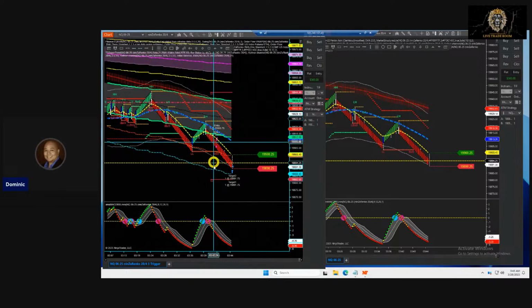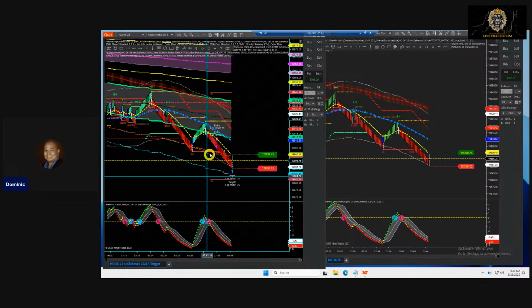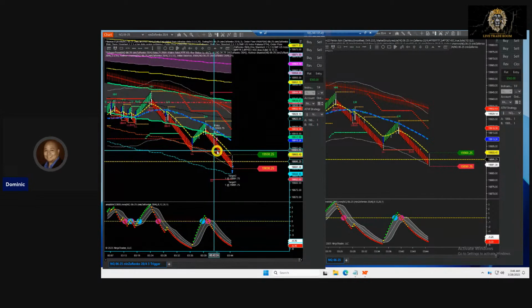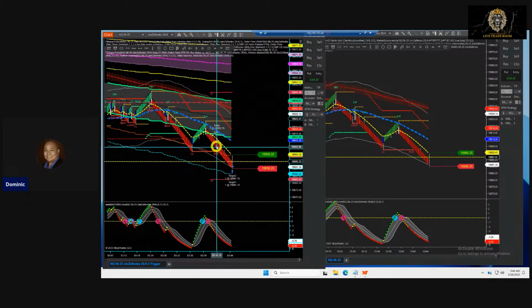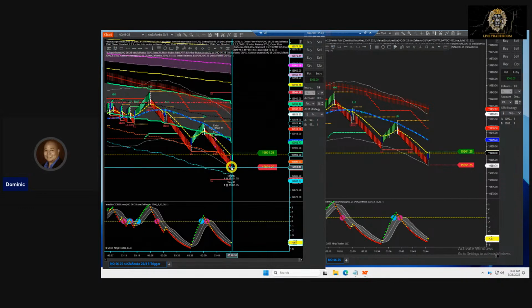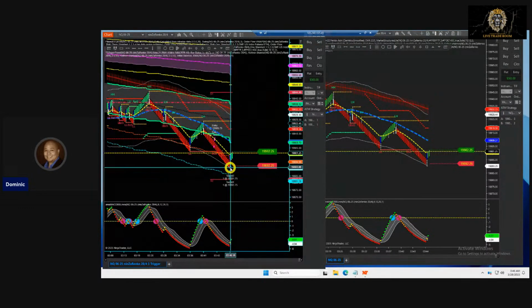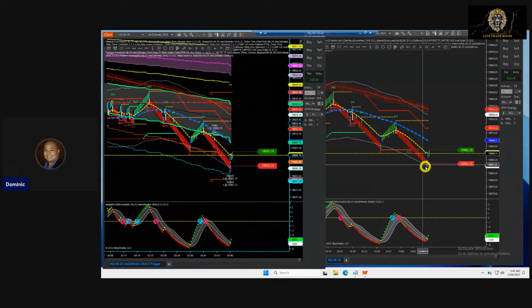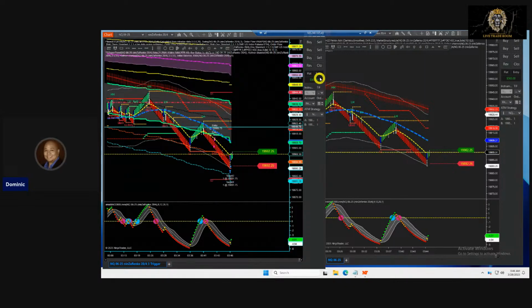You see the head coming down, and there's the structure, the break of structure. So I took it before the break of the swing, and I was able to get down to the lower band of the Keltner channel. You see this right here? That's my target, and I was able to get 565 out of that.